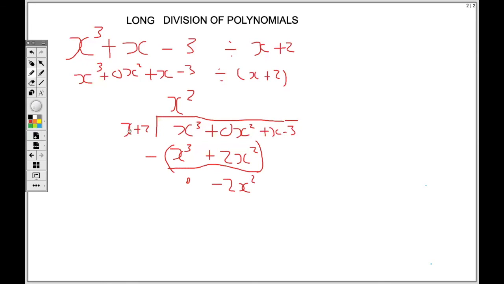Then we see x into minus 2x squared gives you minus 2x. Minus 2x times x gives us minus 2x squared. Then minus 2x times positive 2 gives us negative 4x.